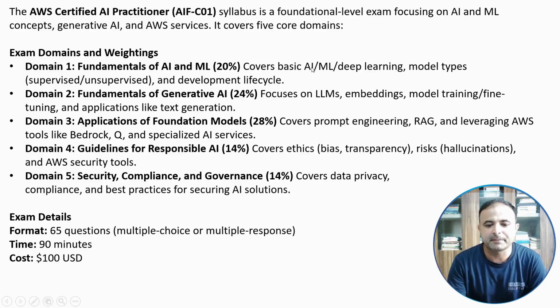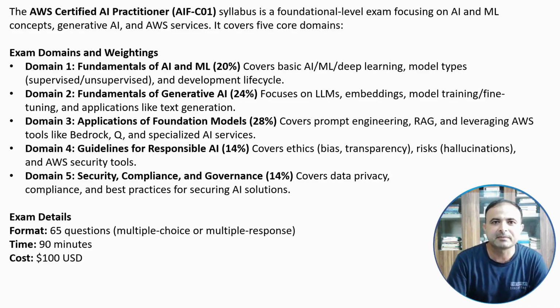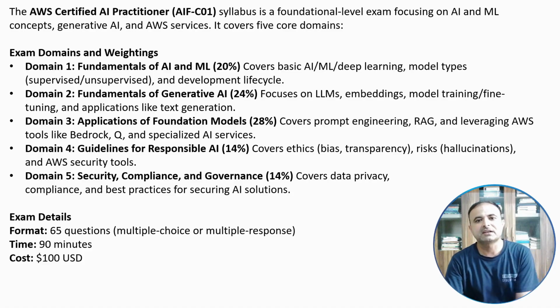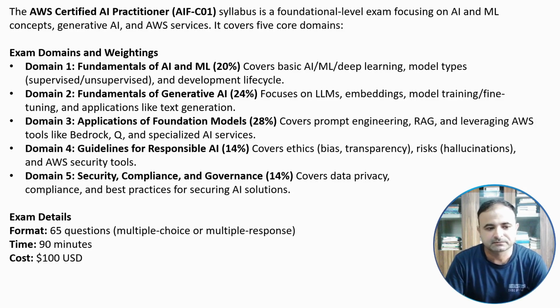Inside that, cover basic AI, ML, deep learning, model types, supervised and unsupervised machine learning. You know very well things like KNN, K-means clustering, linear regression, logistic regression. Lots of machine learning, training data, testing data, some statistical things, some Python libraries, and the development life cycle.